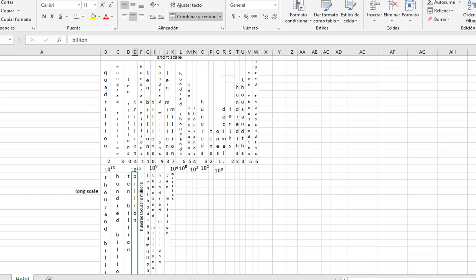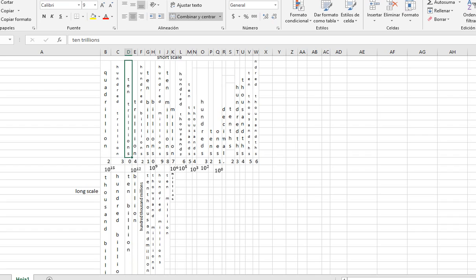And then you have 1 trillion. In the long scale you have 1 billion. It's times 10 to the 12th power.